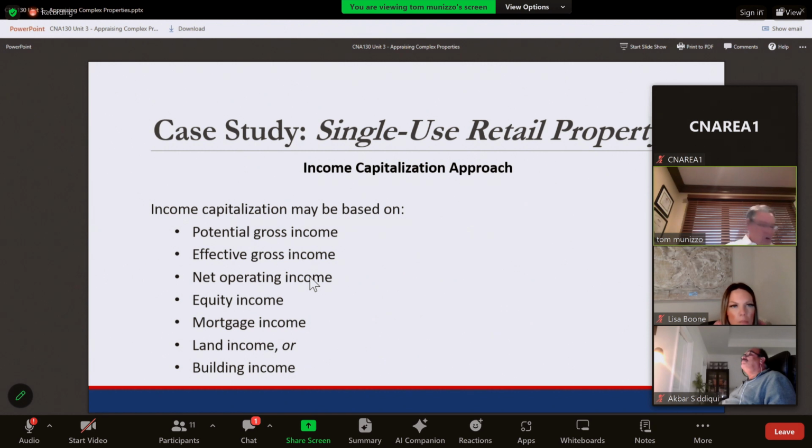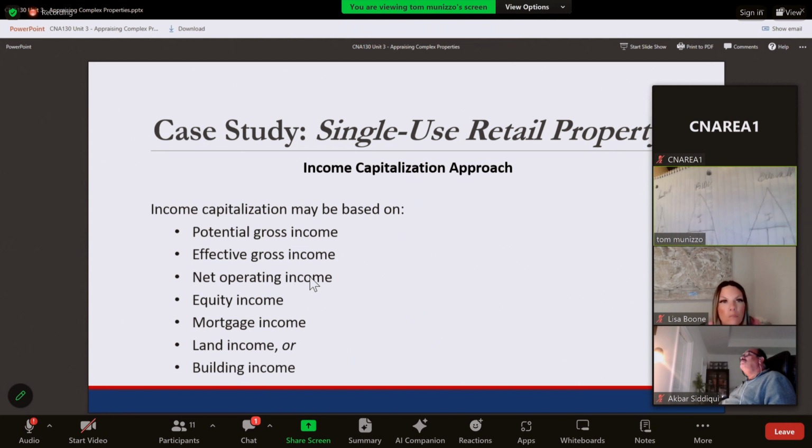The first triangle deals with land. The second triangle deals with building. The third triangle deals with the overall rate.